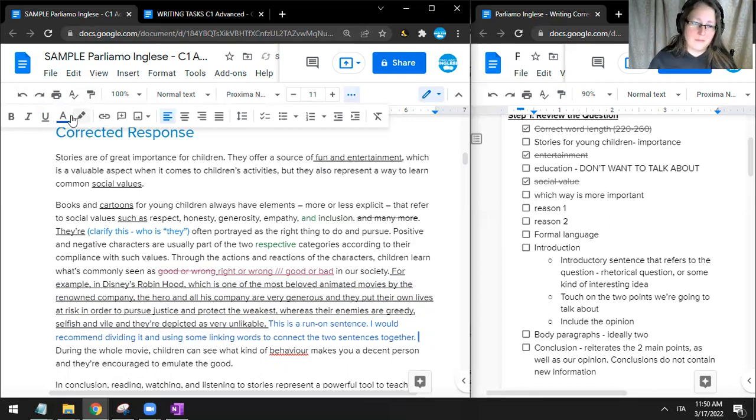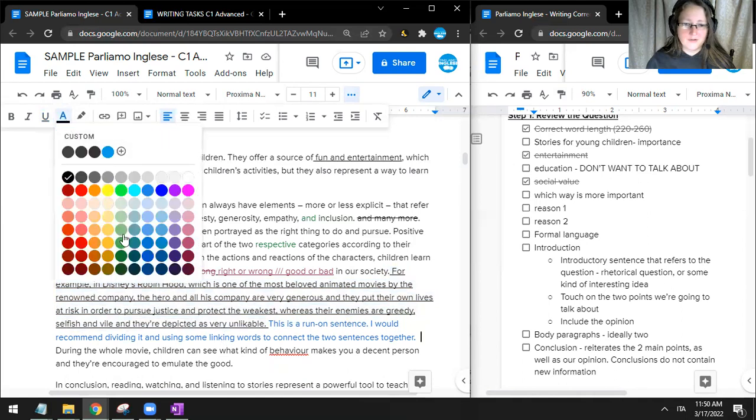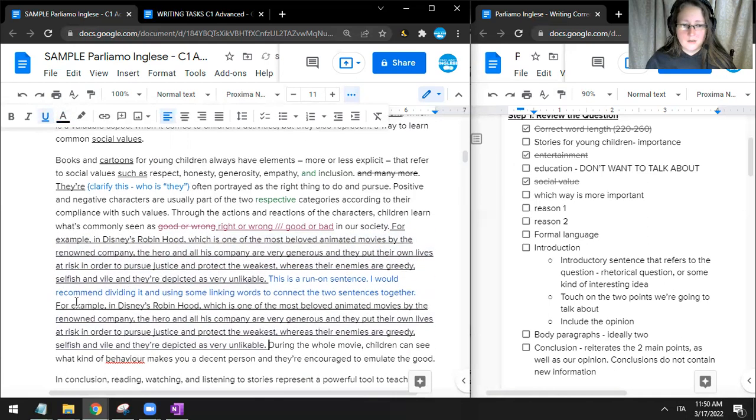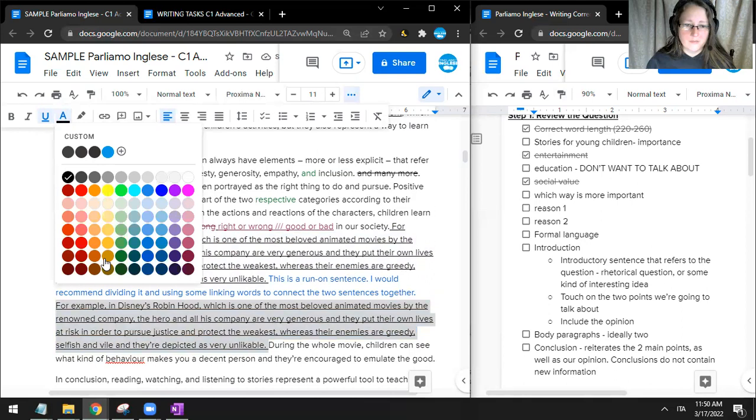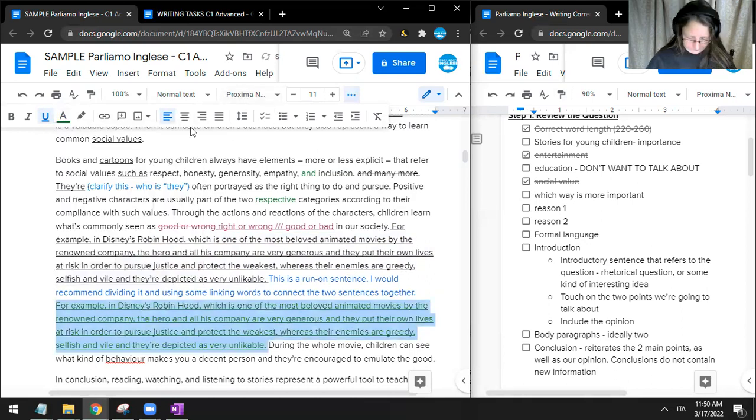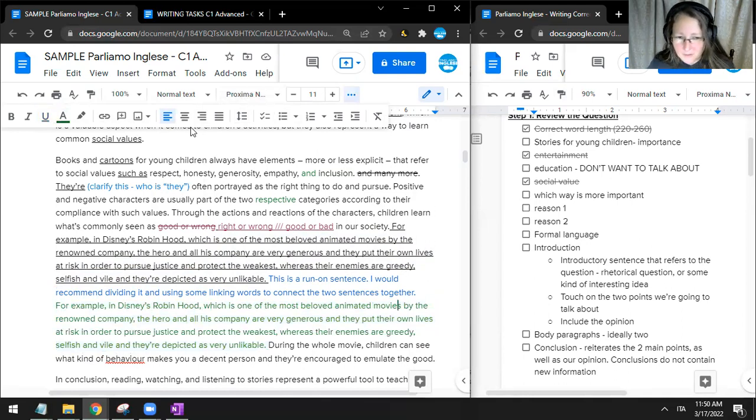So for example, I'm just going to copy it and add my suggestion. So, for example, in Disney's Robin Hood, which is one of the most beloved animated movies by the renowned company, the hero and all his company are very generous, and they put their own lives at risk in order to pursue justice and protect the weak.